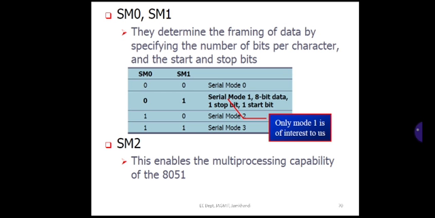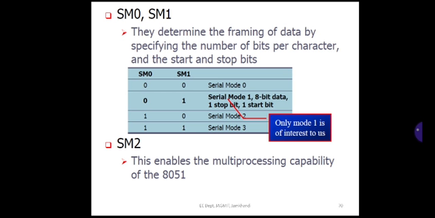Only mode 1 are we interested in, so we are going to use 01, that is mode 1. Because it is a serial mode with 8-bit data, 1 stop bit and 1 start bit, we are transmitting and receiving 8-bit data with 1 stop bit and 1 start bit. So we are using this mode of programming.